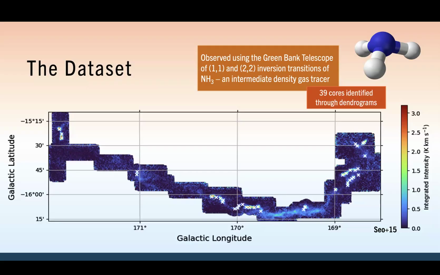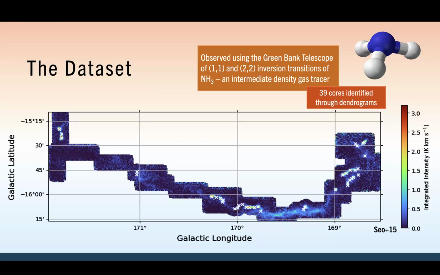Youngmin Zhao, one of Yancey's former grad students, originally conducted these observations. As part of his analysis, he identified these 39 cores, which are indicated with the X's, through a dendrogram analysis using CSAR. But you'll notice that in some places where there is gas, like in here, gas is lighting up, but there are no cores identified.